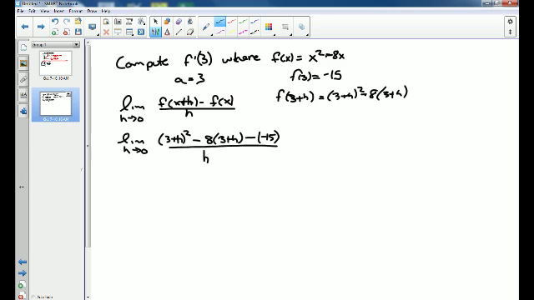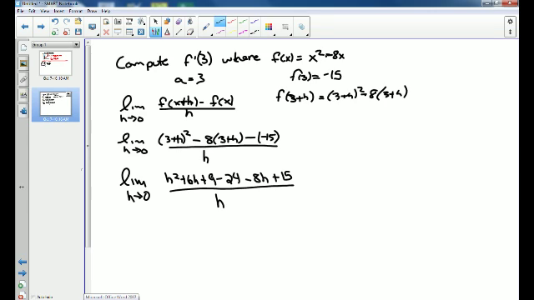h squared plus 6h plus 9. Good? You with me on the algebra there?